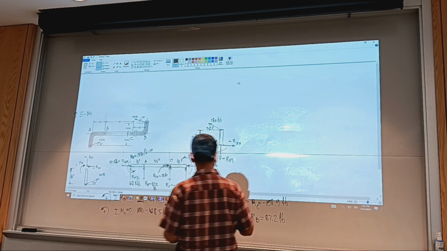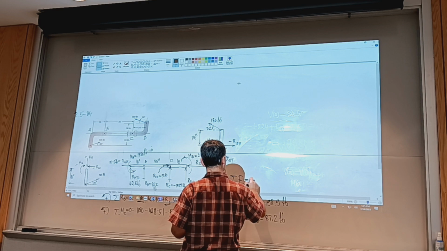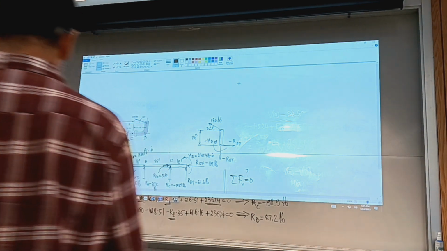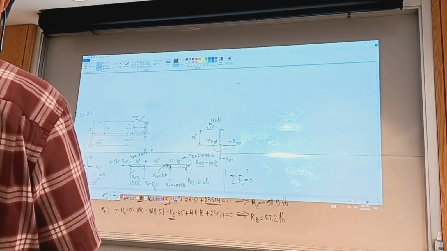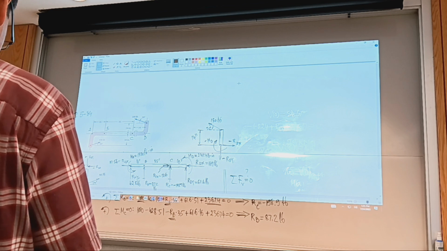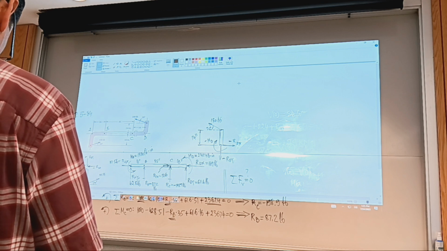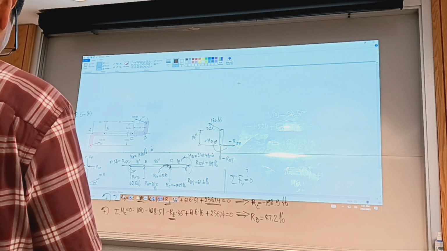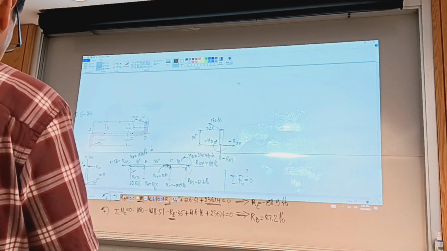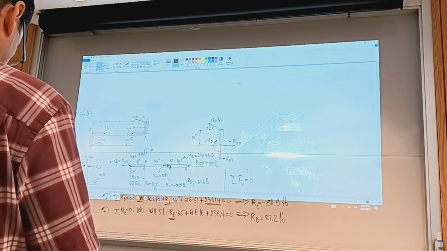Okay? So we sum forces in the y direction, or in the vertical direction, to see if they go to 0. If they don't, we missed something. Okay? So 42.8 plus 87.2 negative 198.9 plus 61.6.